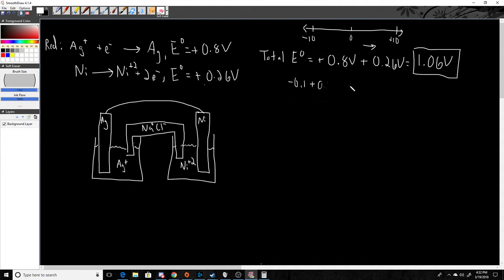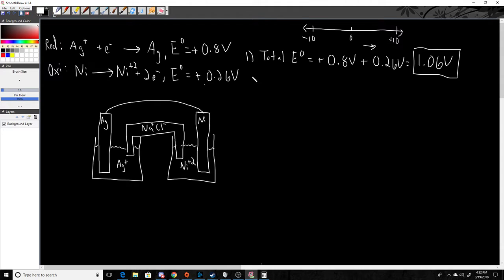My point is that your total reduction potential will always be positive. So that's a lot of voltage for a cell like this. That's the first thing I would want to find: what's the total reduction potential. Once you figure out which one's reduction and which one's oxidation, you can figure that out right away.